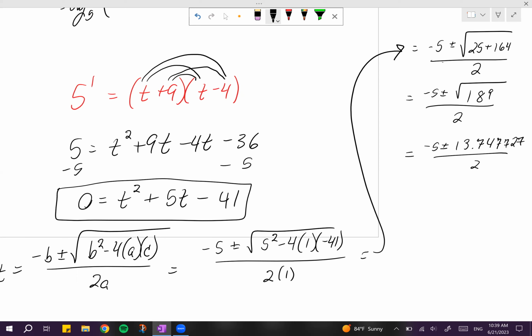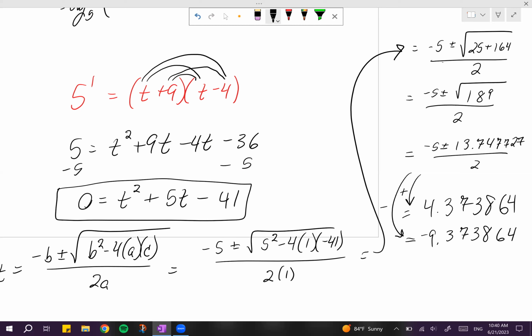All right. If we do plus, we get 4.373864. And if we do minus, we get negative 9.373864.